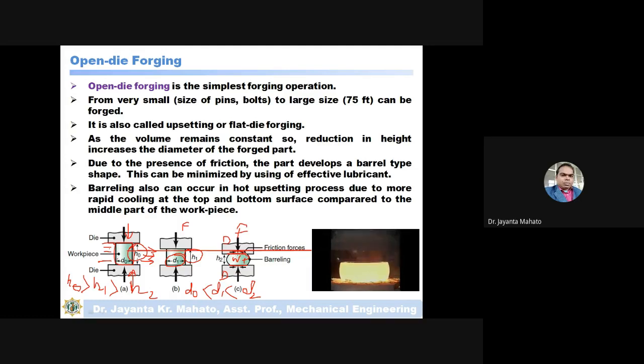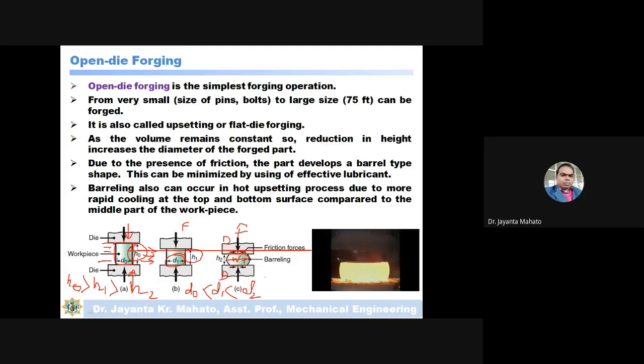Due to the friction, the top face and bottom face extend less compared to the middle part. In the middle part there is no friction; it is open. So in the middle part, the material will extend more compared to the top and bottom part.